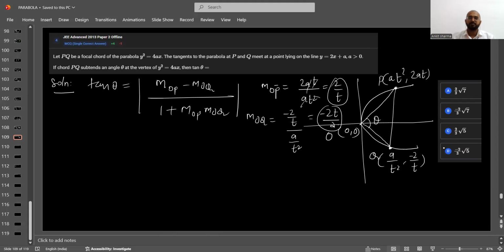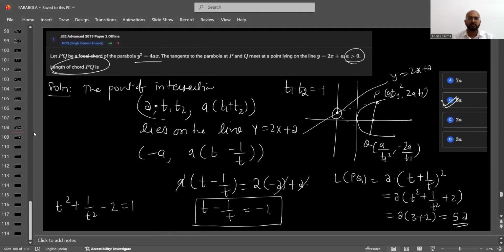So we get both of them. Now can we just plug into the given equation? And from this, can we have some information? I feel no, we cannot have any information here.